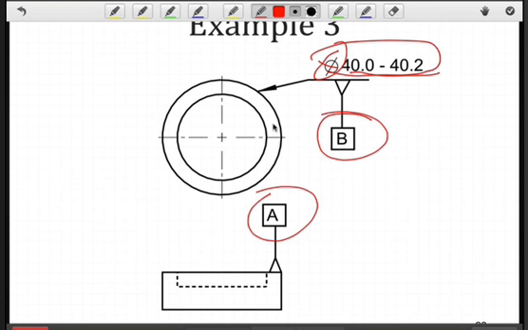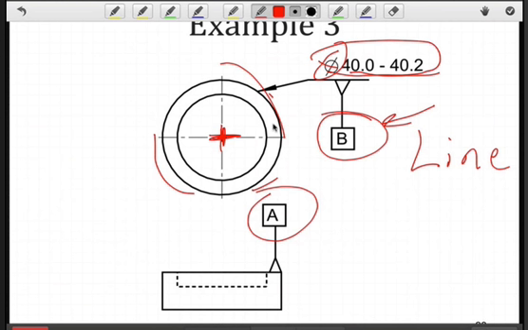What we're also saying is that that feature corresponds to datum B. And therefore, datum B is a cylinder. And as we've seen before, the datum corresponding to a cylinder is going to be a line. And that line would be the axis going down the center line for this outside wall.